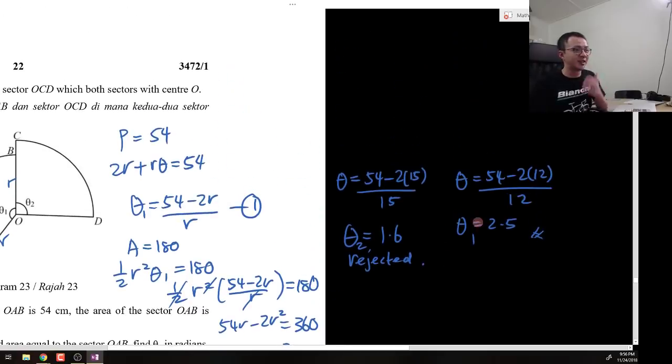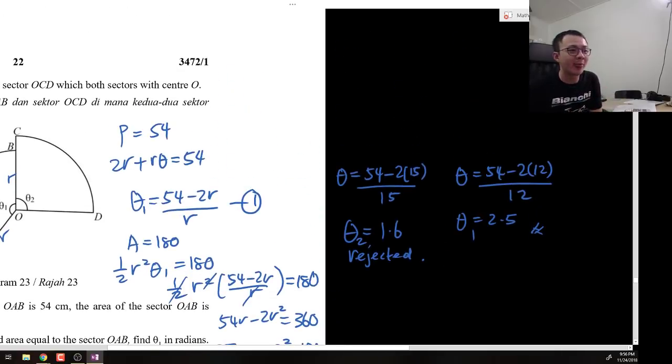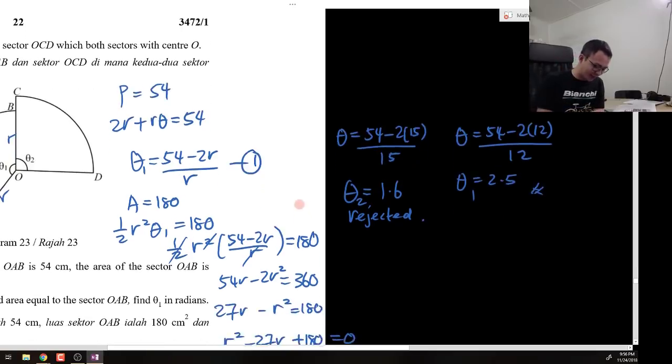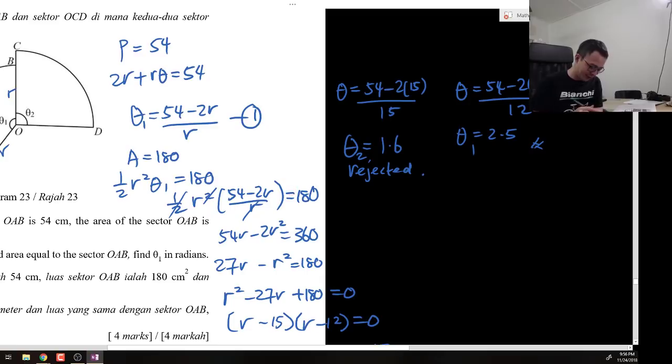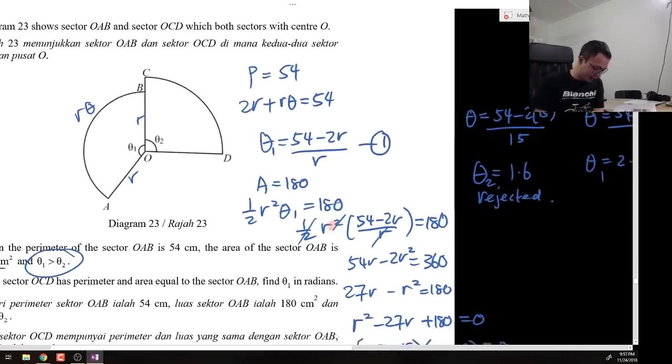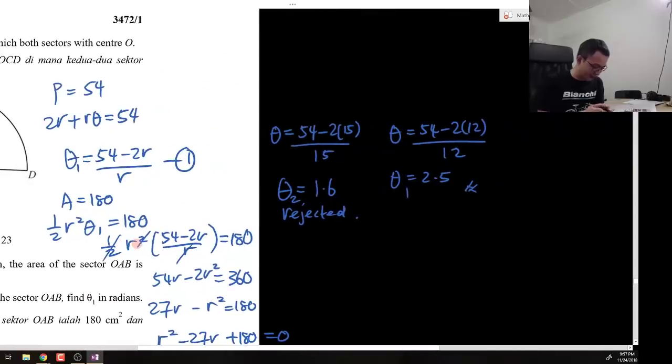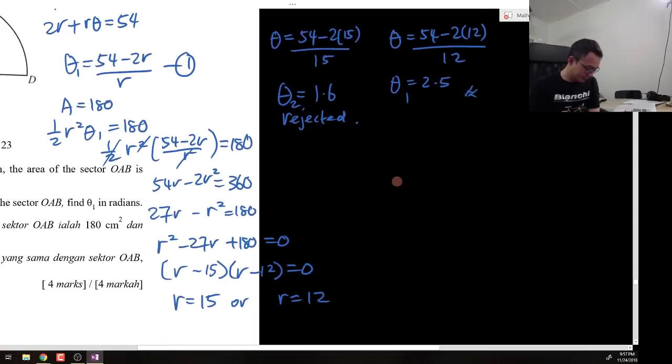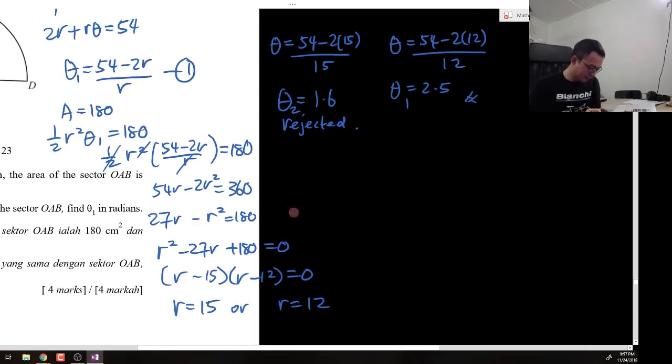Alright, oops, it's blocking. So it's not negative 180. Did I write negative 180? Where do you get negative 180? Move here: r squared minus 27r plus 180.